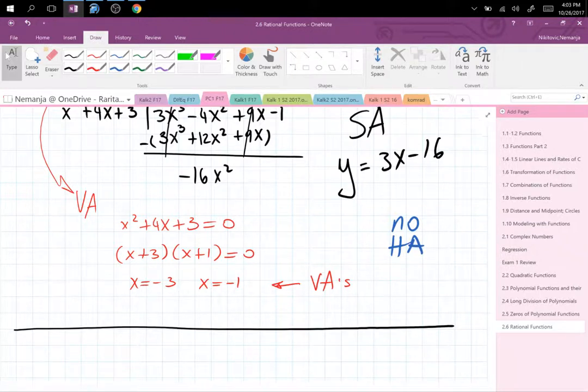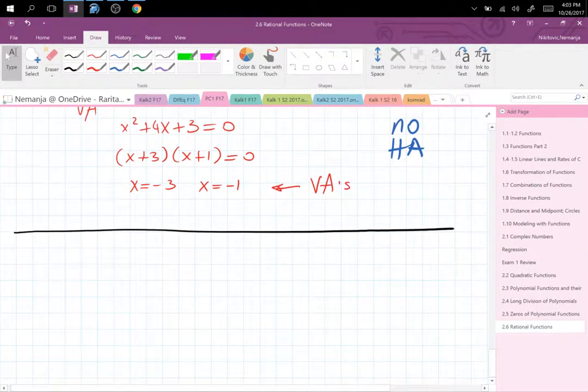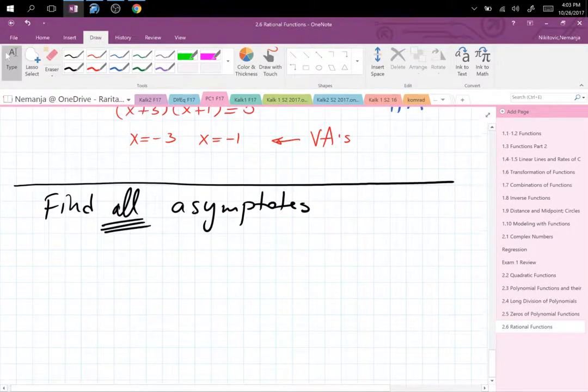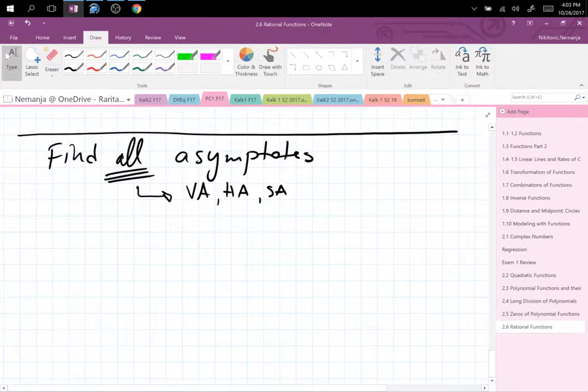Or maybe 2 examples would be good enough. Find all asymptotes. You have 3 kinds here. I'm going to write VA, HA, SA. You have to consider all of them.